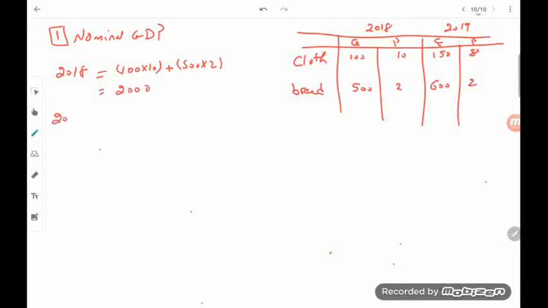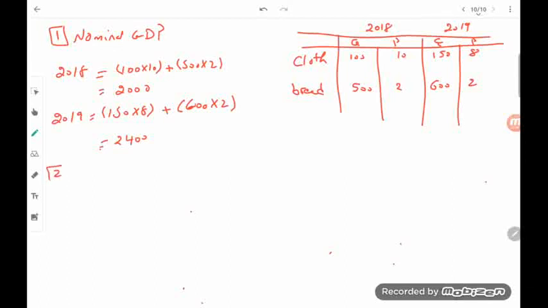And for year 2019, it's 150 multiplied by 8 plus 600 multiplied by 2. It's 2,400. So this is nominal GDP for the two successive years.